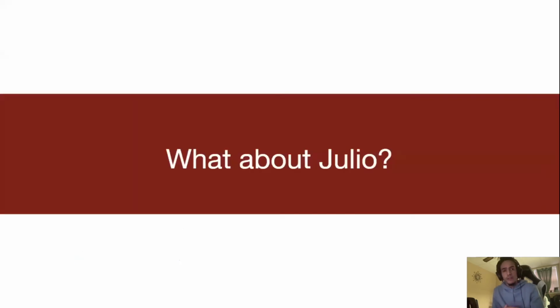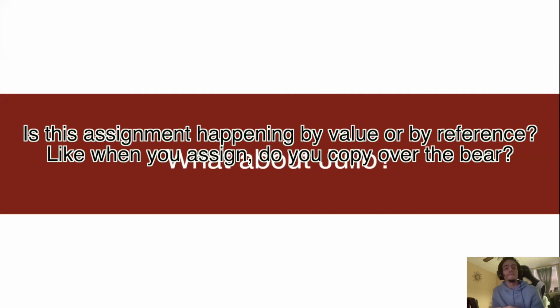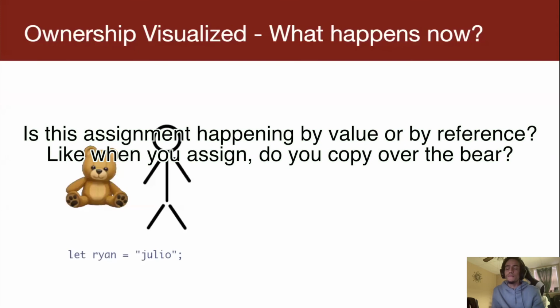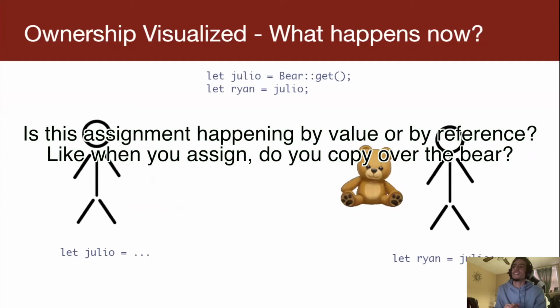So the interesting question I'll pose to all of you is, what happens to the Julio variable? Does anyone have any ideas as to what might happen now if Ryan owns this bear and now maybe Julio doesn't? That is a fantastic question.